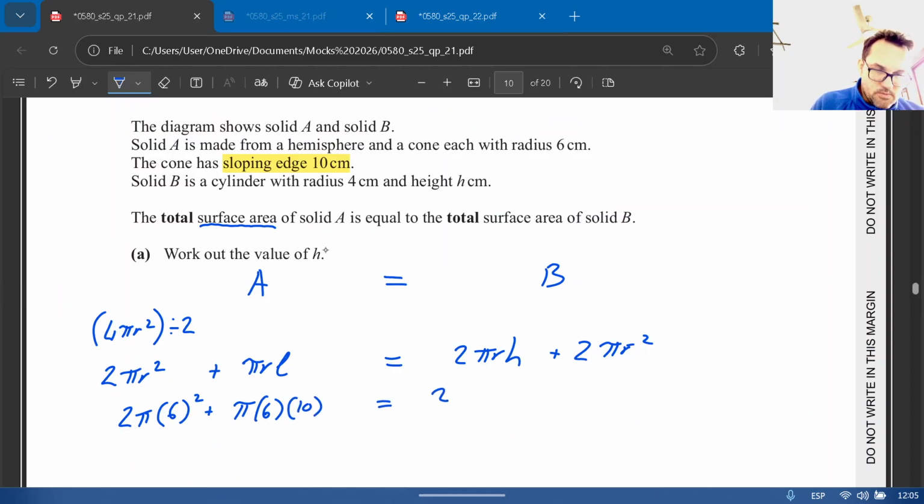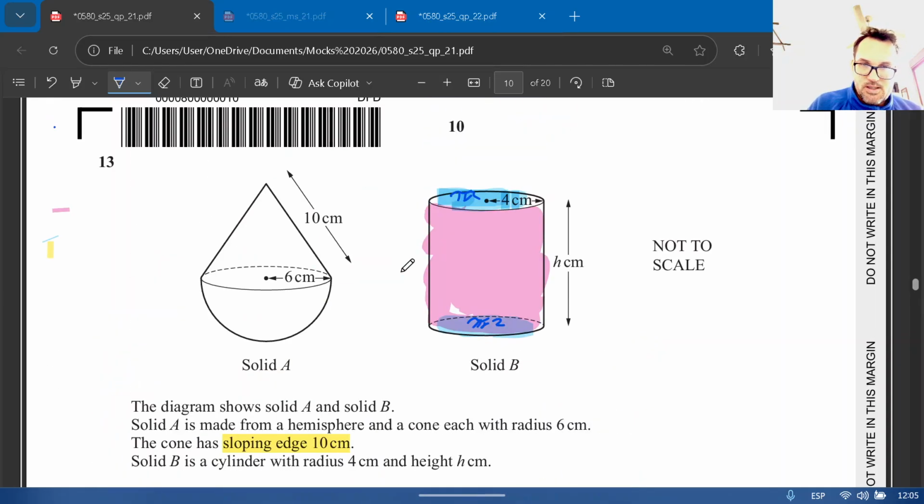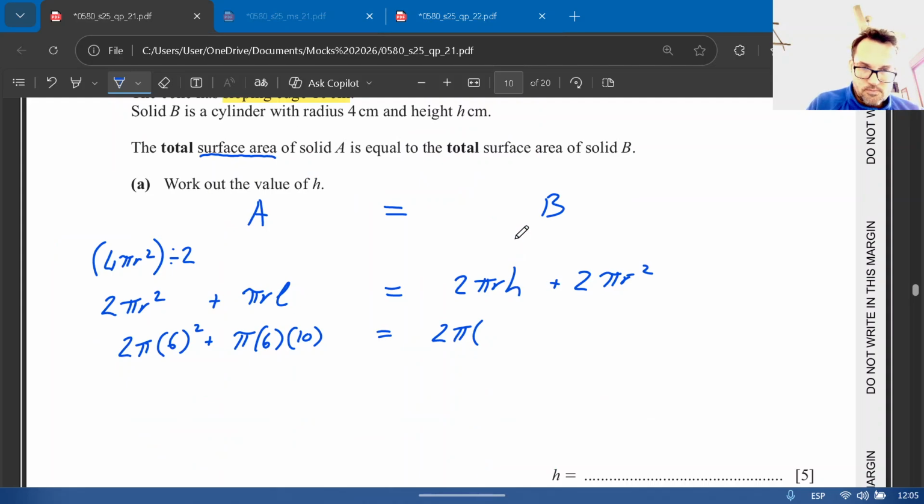Over here we got 2 pi, and now the radius of the cylinder was 4.